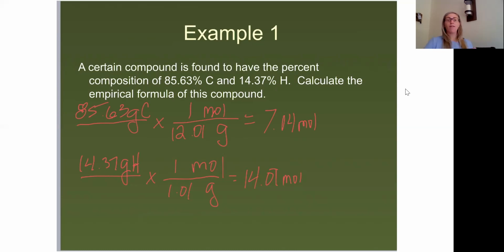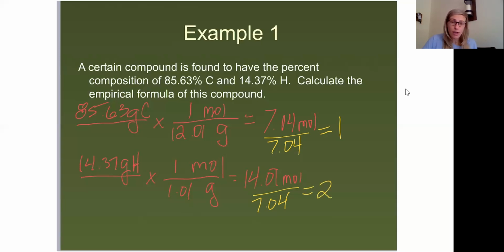Now we need to divide by the smallest for step number 4. So 7.04 and 14.07, each of these divided by the smaller one, which is going to be 7.04, to see what that ratio is going to be. 7.04 divided by itself is just going to be 1. 14.07 divided by 7.04 comes out to 2.